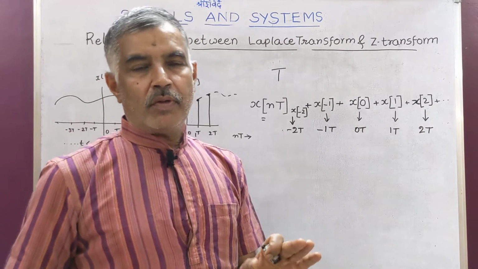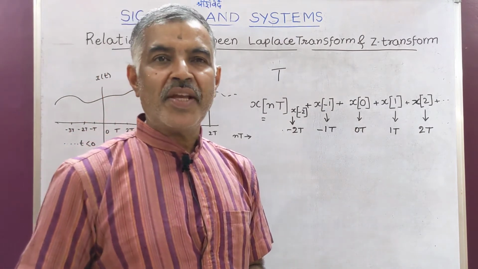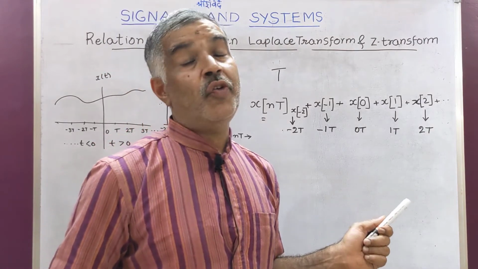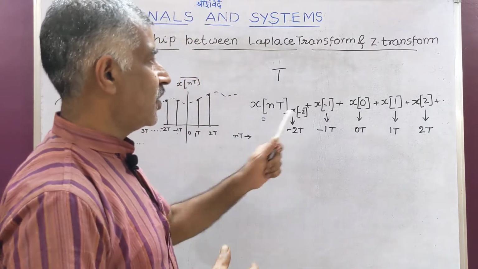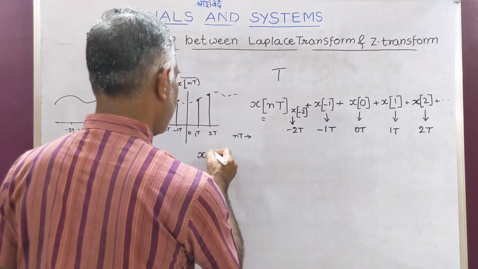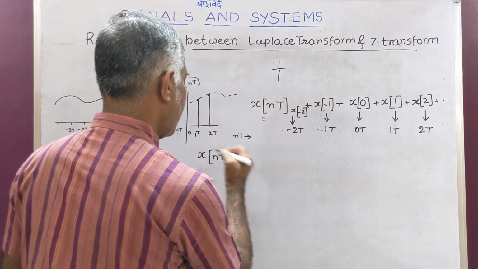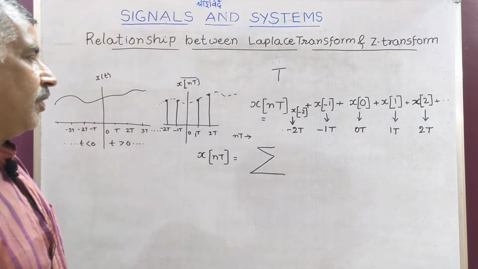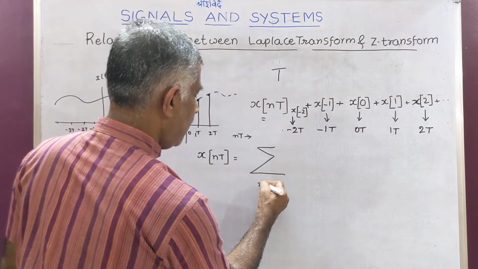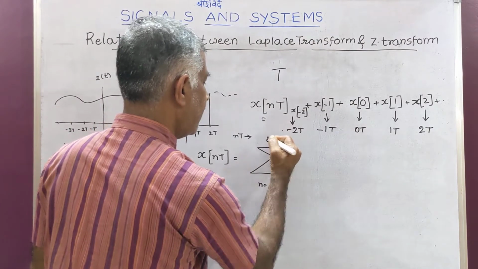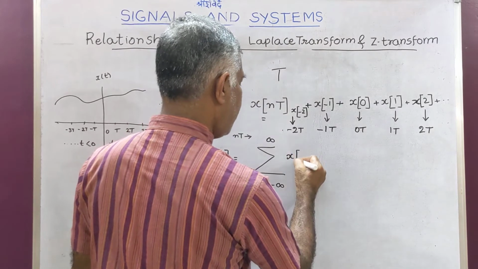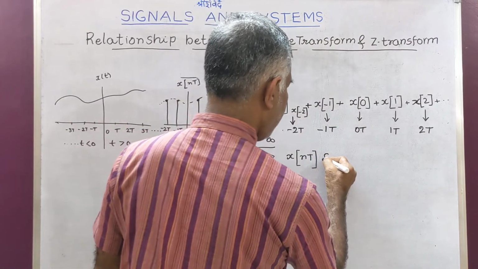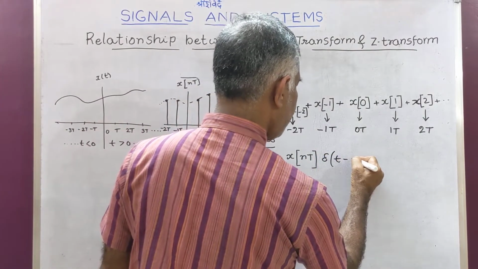Now you know, at the time of studying convolution sum, how to express a discrete signal in terms of impulses and shifted impulses. Now I will use that. One can write x of nT as summation n equal to minus infinity to plus infinity of x of nT times delta of t minus nT.